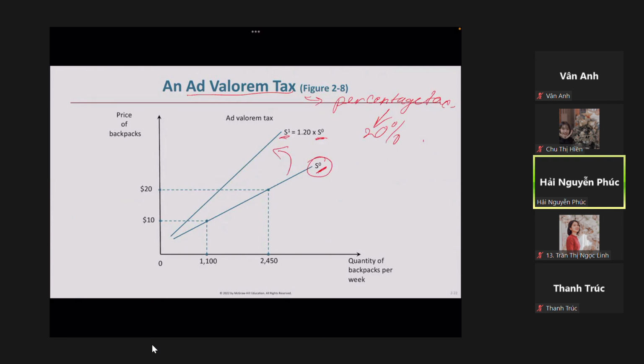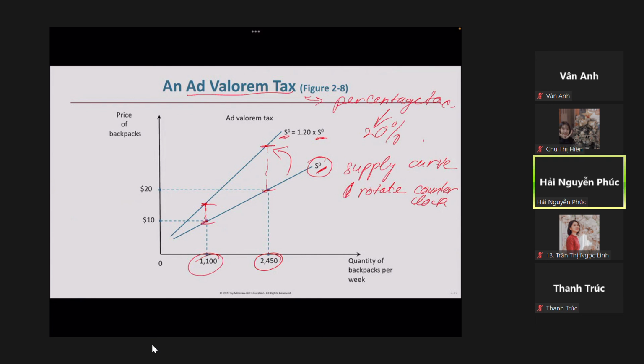The supply curve rotates counterclockwise, and it means that the size of the tax is dependent on the quantity.